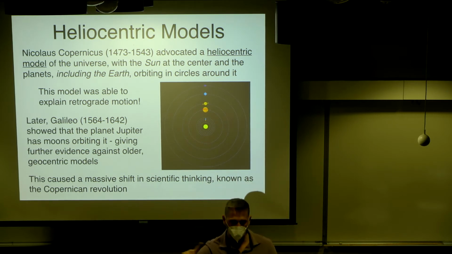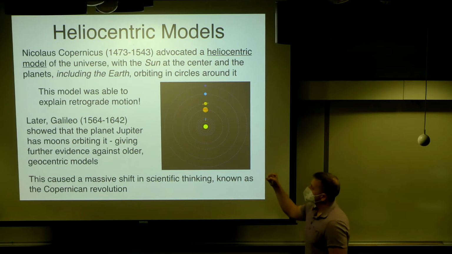Just like we have a moon that orbits the Earth, Jupiter has moons that are orbiting it. You can't see them with the naked eye, but if you have a telescope, you can see them. And this discovery was huge because, hey, this is an example of some things that are orbiting something other than the Earth, right? So it's obviously not true that everything just goes around the Earth, right?